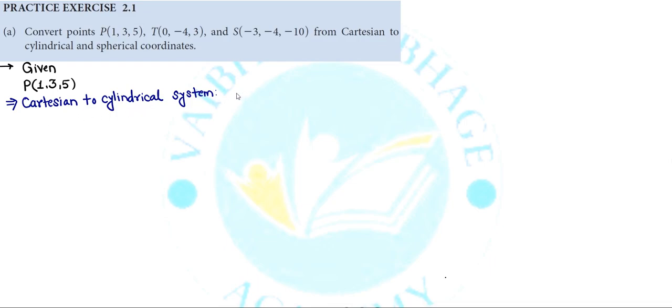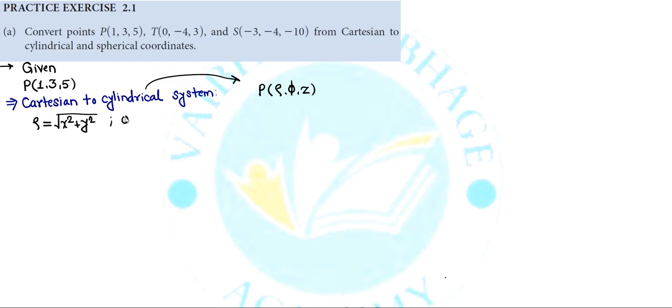In cylindrical form, the given coordinates are expressed in terms of rho, phi and z. Now, what is that conversion? If you want to convert Cartesian coordinates into cylindrical ones, we will have to make use of this: rho is equal to the square root of x square plus y square.